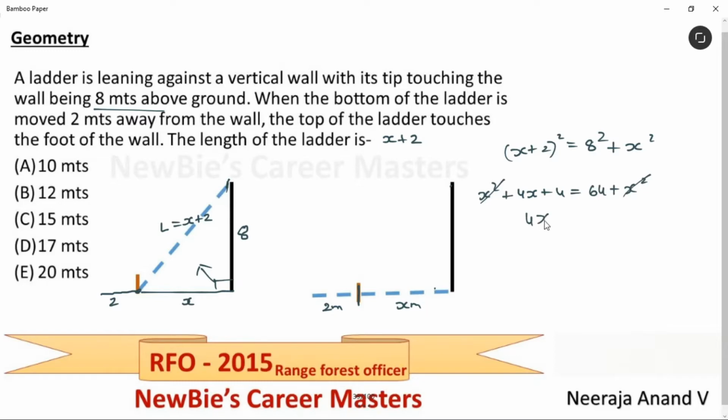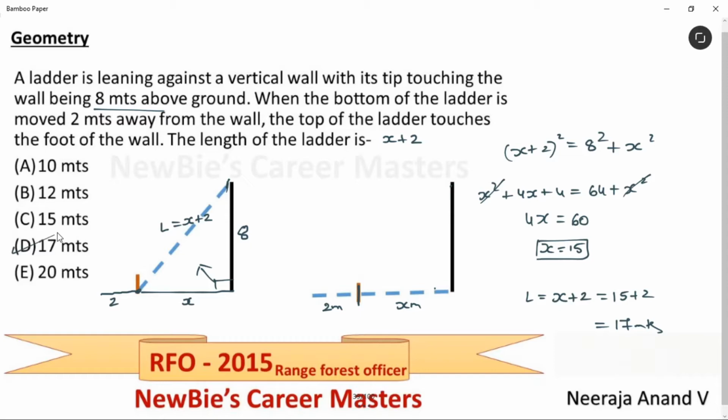Then 4x is equal to 60. What is x value? 15. 60 divided by 4 is 15. They're asking for the length of the ladder. What is length of the ladder? Length of the ladder is x plus 2. That is 15 plus 2. 17 meters is the answer for this question. We can take option D as the answer.